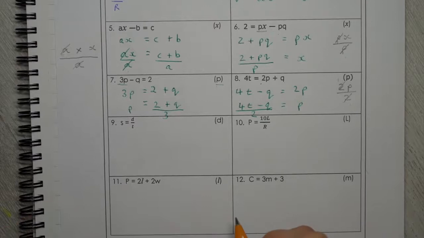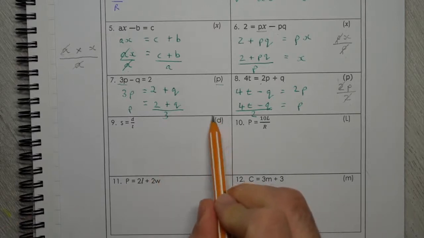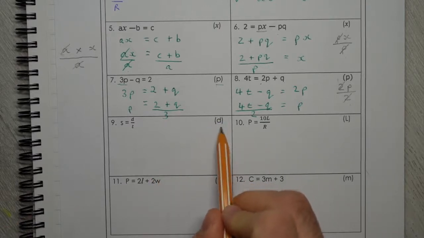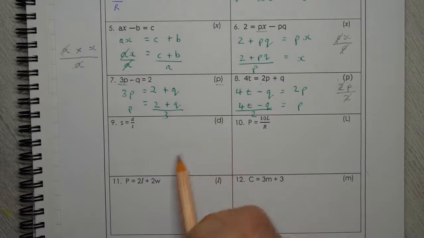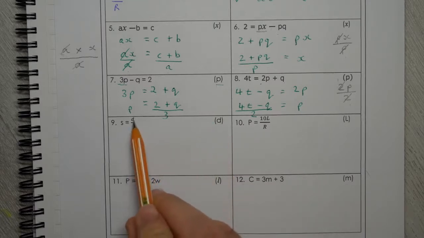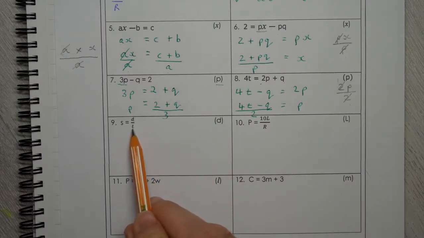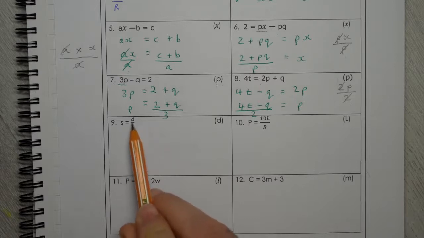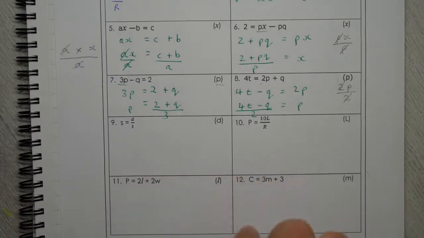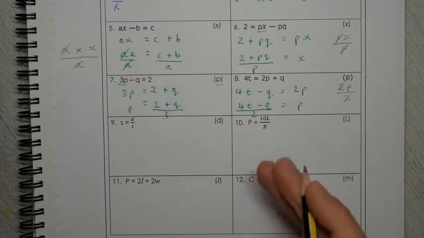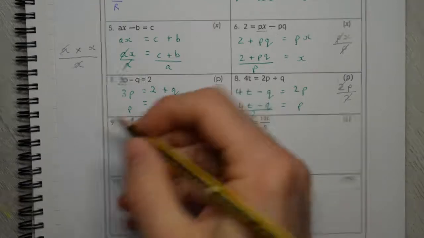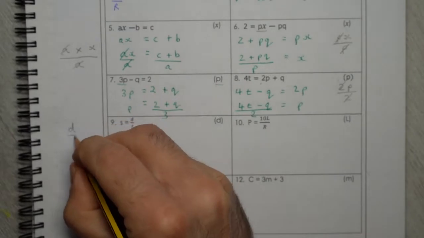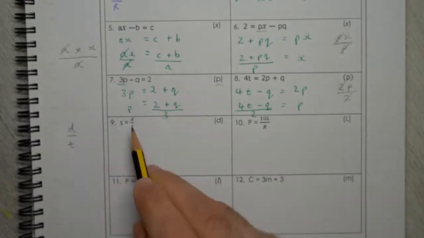Next question. So we need d as subject of the formula. As you can see, d is divided by t here. So when it is divided by t, to eliminate the t, we have to multiply. How? So we have d on t.